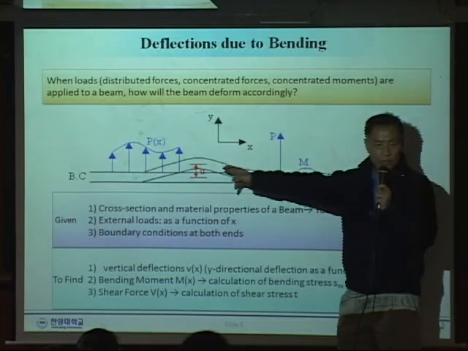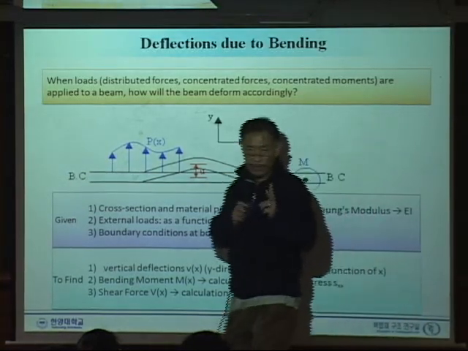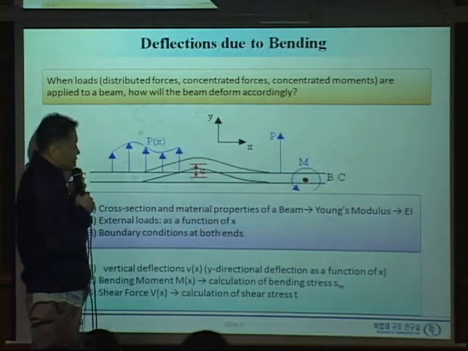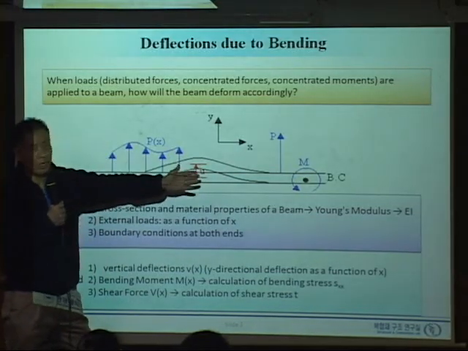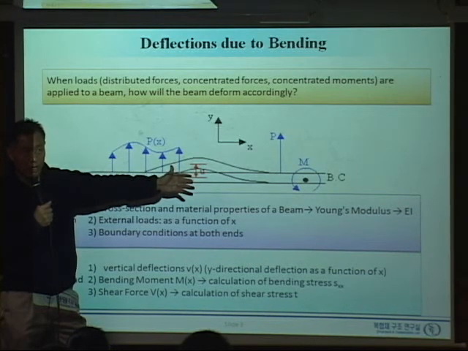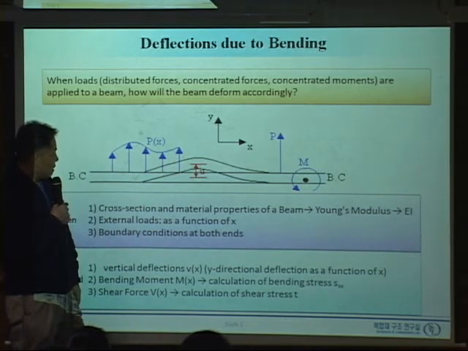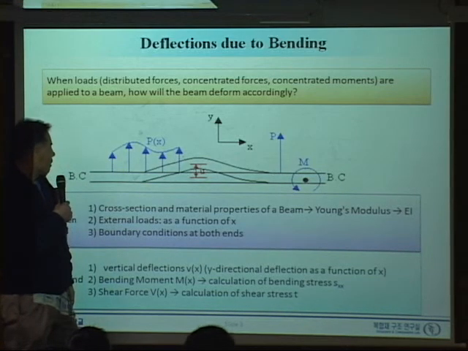And this beam also has two boundary conditions at two ends. Here, left-hand side and right-hand side, we should have a certain boundary condition. And the question is how much deflection we will have. The deflection will be the unknown to solve.